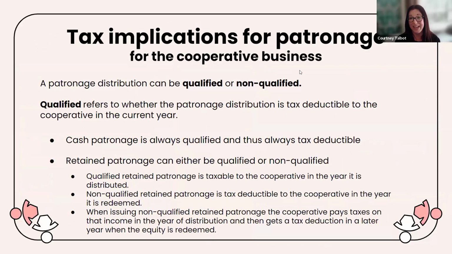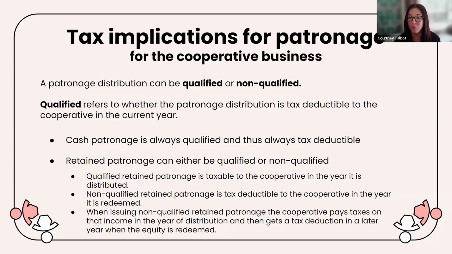Let's talk a little bit about taxes. I want to point out this is all information that I have gotten from resources that are located in this presentation and in the PDF you'll get. But if you have questions, you definitely want to ask a CPA who understands subchapter T, which is an IRS tax code directly ruling over cooperative businesses.